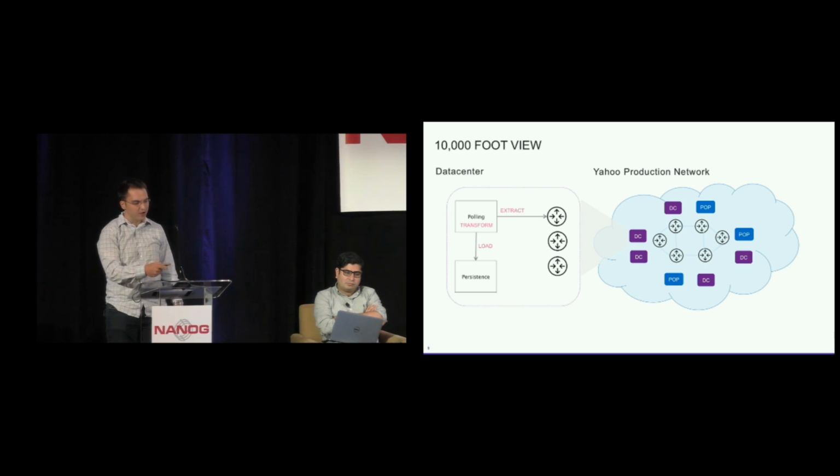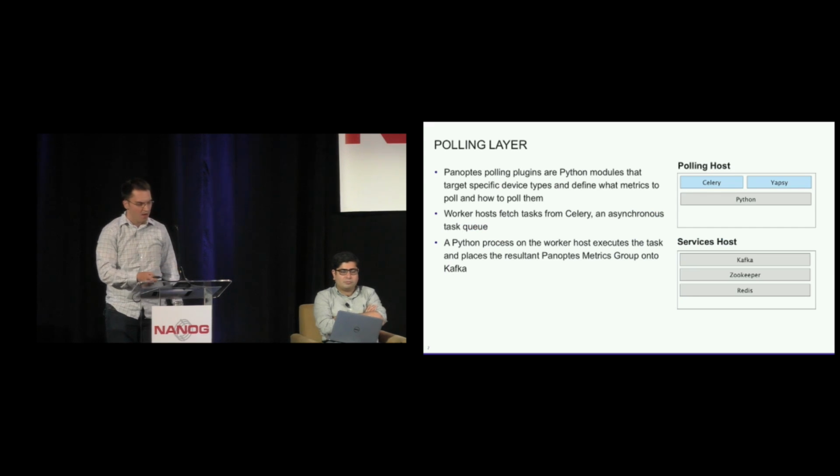But let's step through each layer in detail now, starting with polling. At the polling layer, we have our polling plugins, a Celery task queue, which queues polling plugin tasks for execution, and a series of poller hosts, which execute the tasks. As I mentioned earlier, a polling plugin is a Python module that targets a certain type of device.